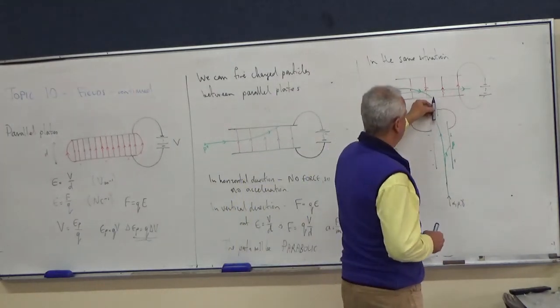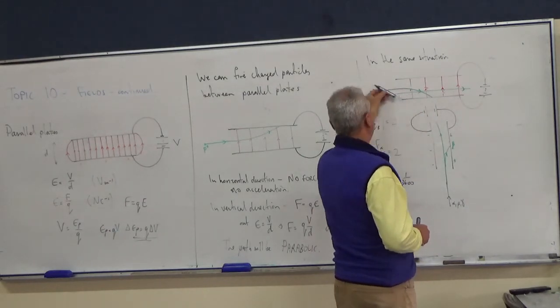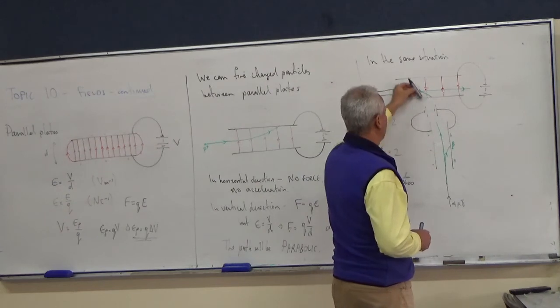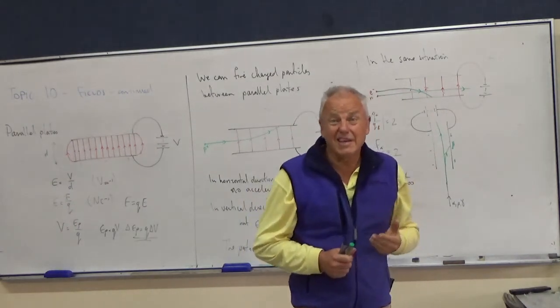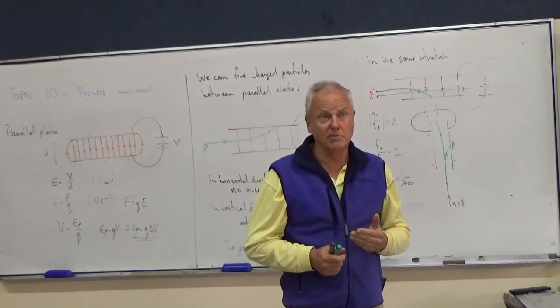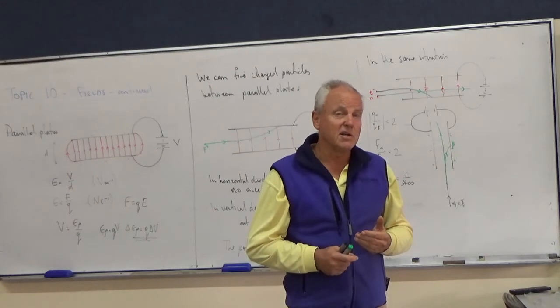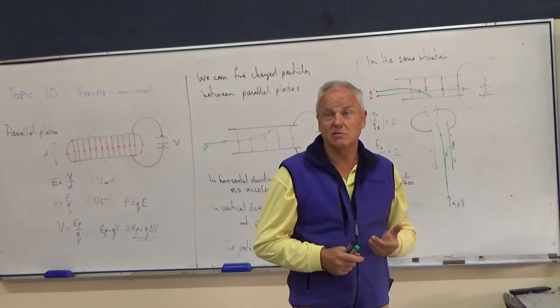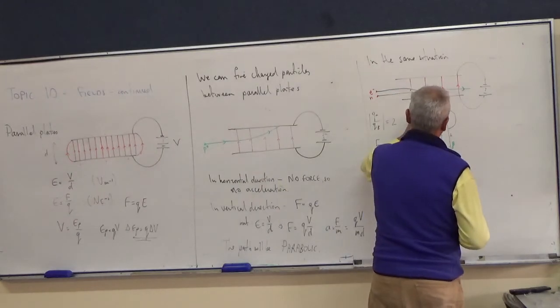Does it go back to the direction it was travelling? Does it keep on bending around? Or does it go in a straight line like that? Once it's left the region of electric field, there's no longer a force acting on it, so there's no longer an acceleration, so it no longer bends. And so it'll keep going in a straight line there.